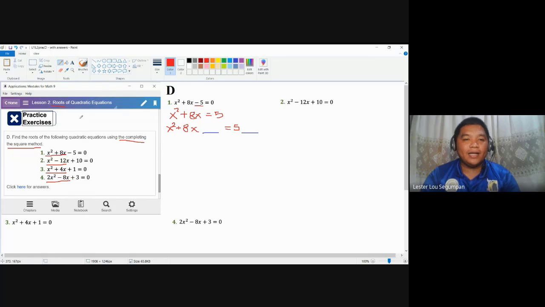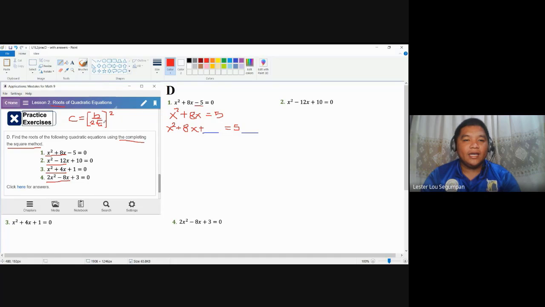Again, we have the formula from last time. The value of c is equal to the square of b over 2 times the square root of a, as discussed in the previous video. You might want to check that out. We have this formula to get the value of c, and since it's squared, we always expect that it's positive.